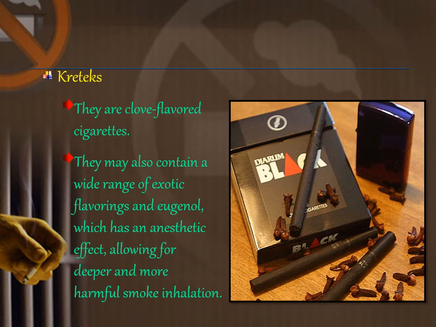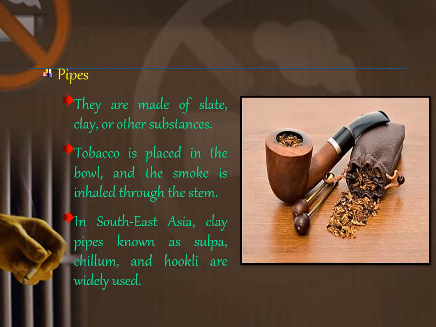Then kretek. They are clove flavored cigarettes. They may also contain a wide range of exotic flavorings and eugenol, which has an anesthetic effect, allowing for deeper and more harmful smoke inhalation. Then pipes. They are made of slate, clay, and other substances. Tobacco is placed in the bowl and the smoke is inhaled through the stem.